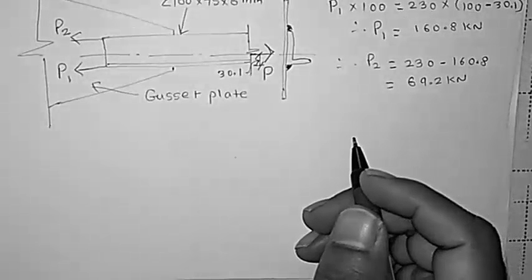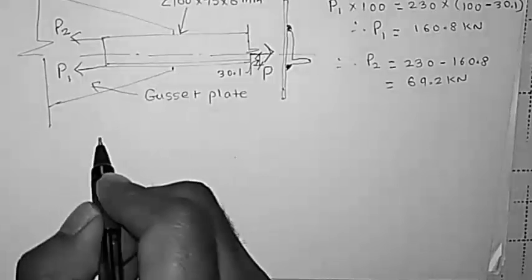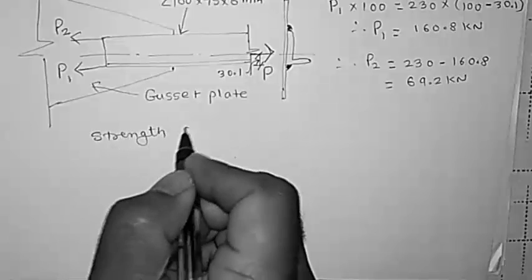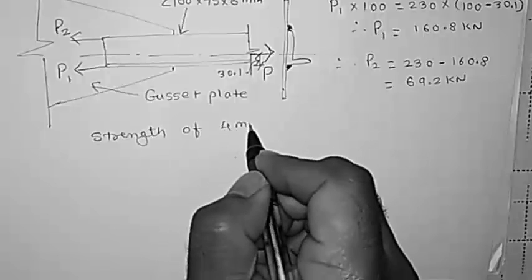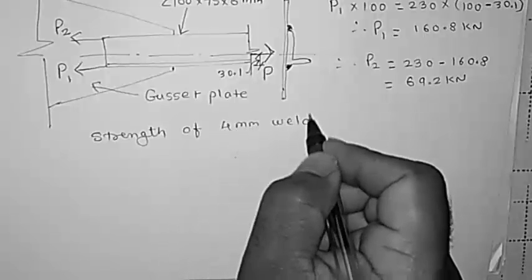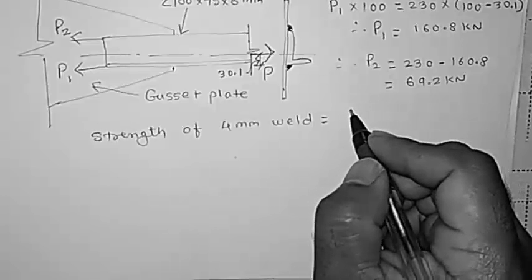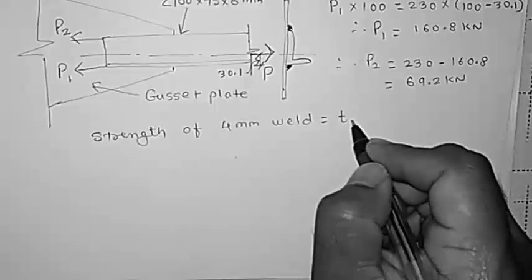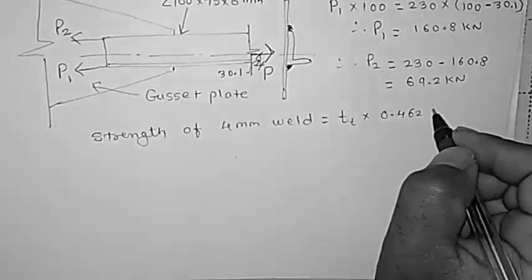So first of all, strength of 4 mm weld, which would be equals to TT multiplied by 0.462 FU.